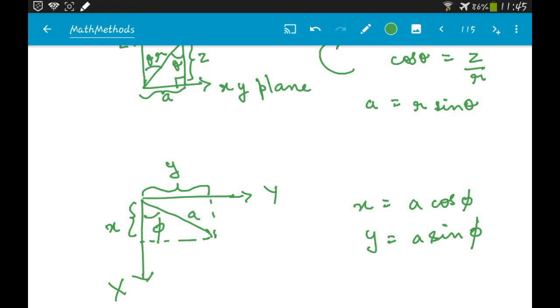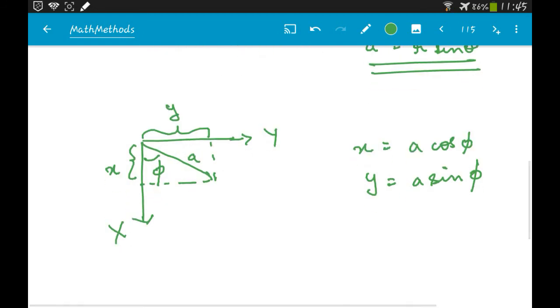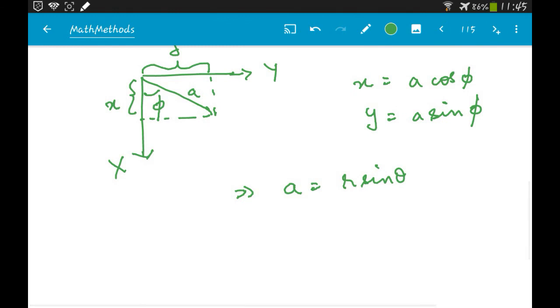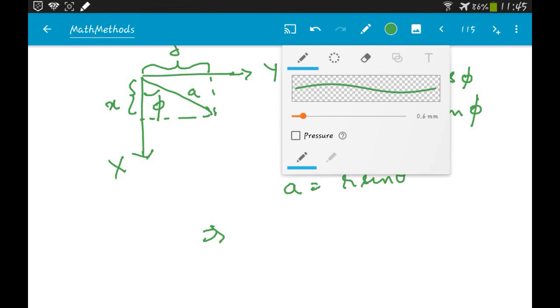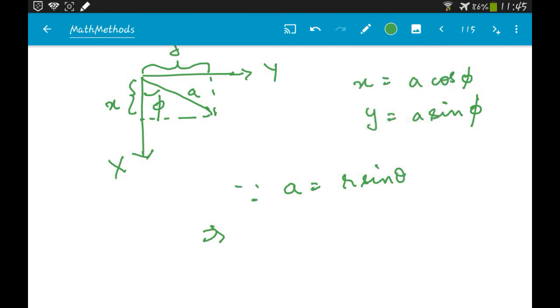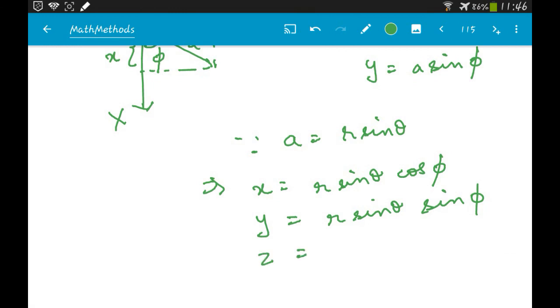We already know from the previous figure that A is r sine theta. So we can write x is equal to r sine theta cos phi, y is equal to r sine theta sine phi, and z is equal to r cos theta.